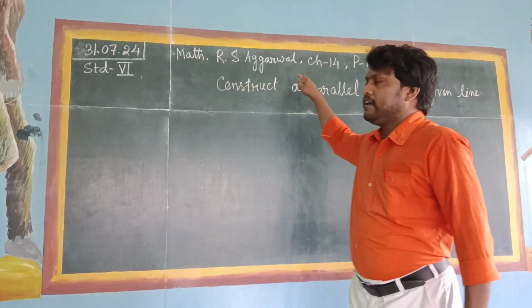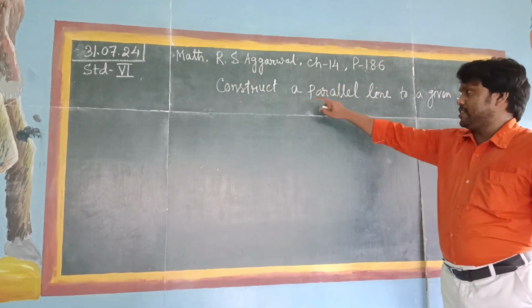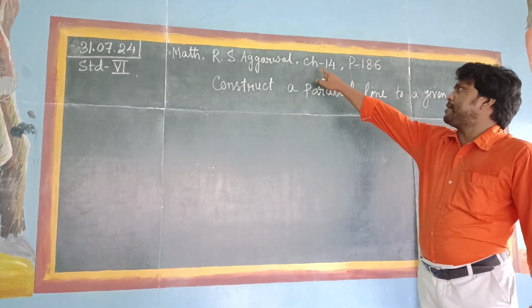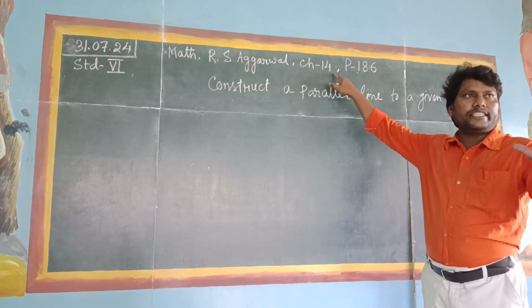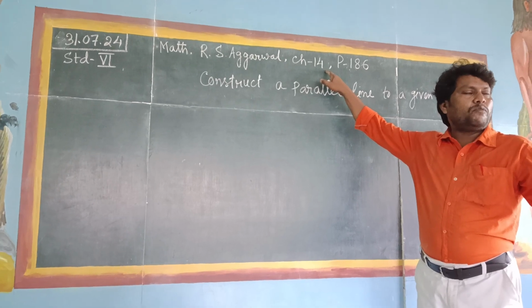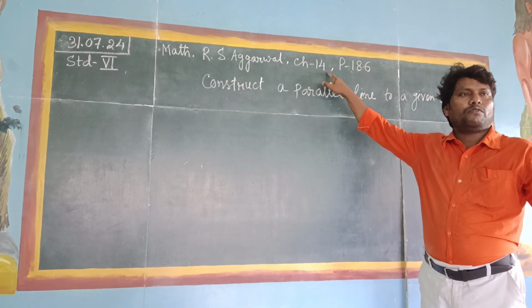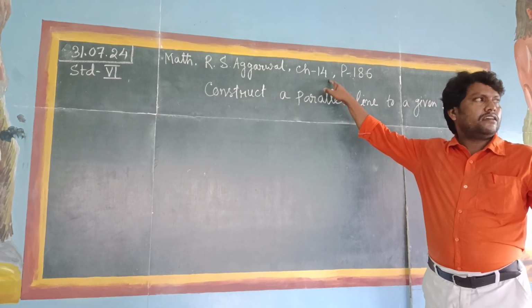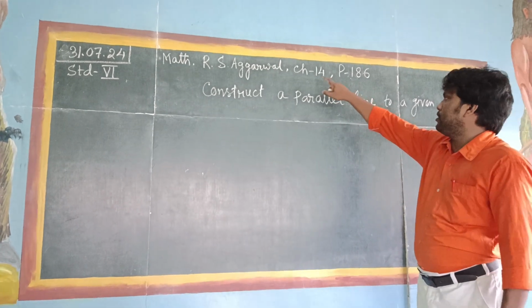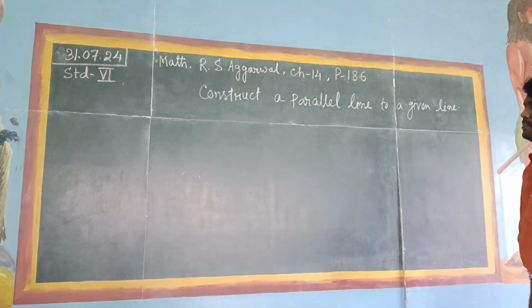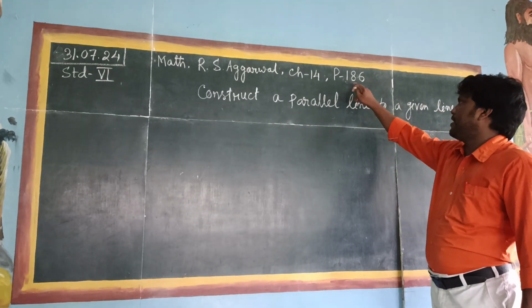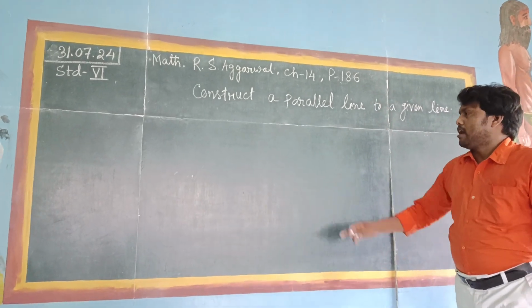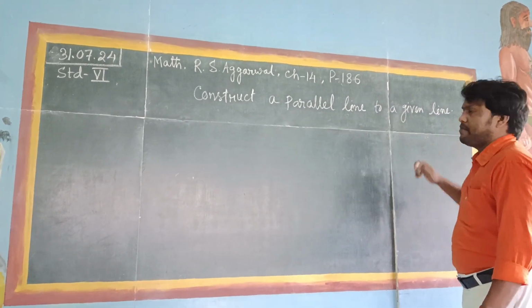In R.S. Agarwal, this practical geometry is included in chapter number 14, because NCERT also has chapter number, most probably 14. In chapter number 14, page number 186, this practical geometry includes how to construct a parallel line to a given line.